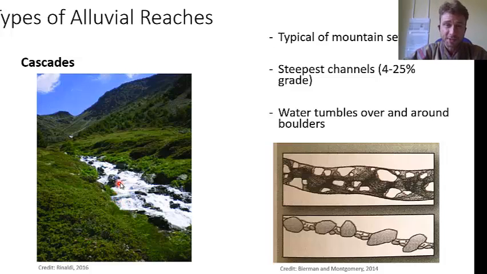There are clasts that are present, but these are large and water is tumbling around them in a very jumbled sort of manner. Now, oftentimes in these situations, you may get debris flow into the river, but transport of these clasts is predominantly fluvial. And what's really typical is that you can see these large clasts protruding through the water. So these are our cascade features.